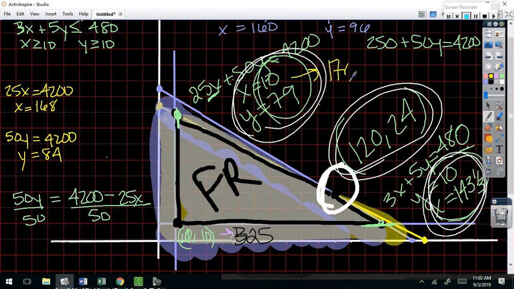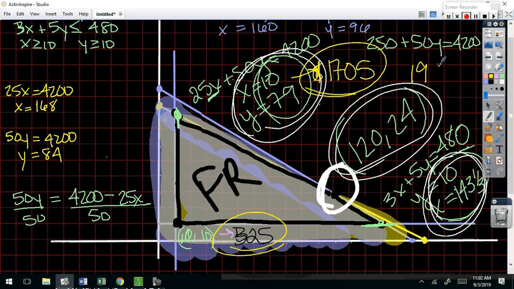Is everybody in agreement on your row? Yes. All right, so we got 325, we got 1,705. Next row, if you ship 120 standard and 24 oversized, what is your revenue? 1,180.